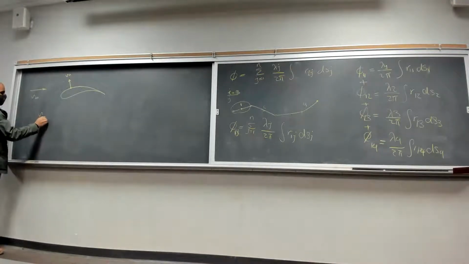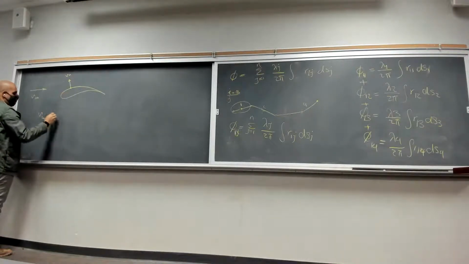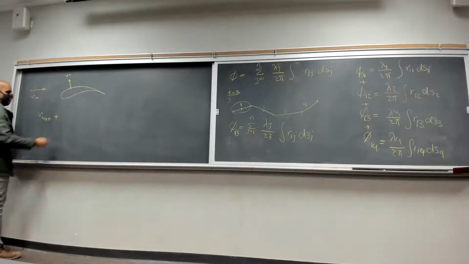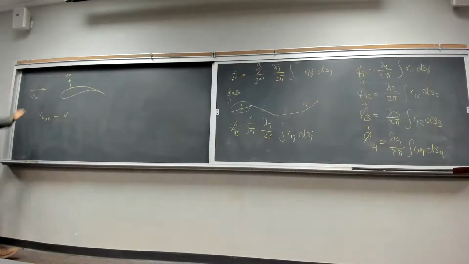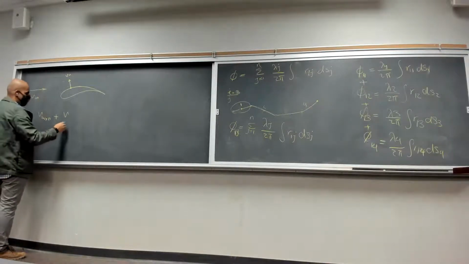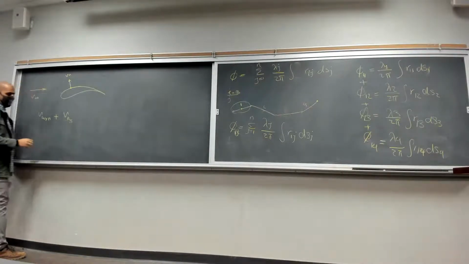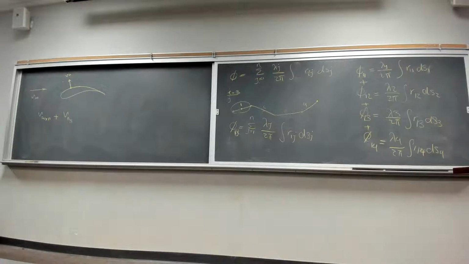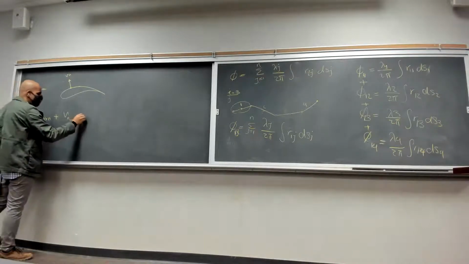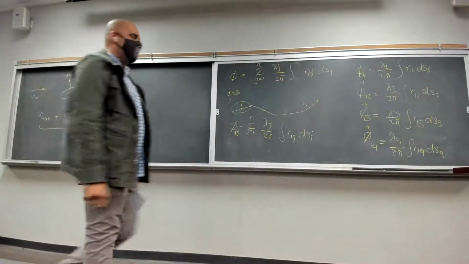Since the total velocity has to be 0, the component of V infinity that is normal to the wall, plus whatever this normal velocity that is coming out of the sources that we are using is, I'm going to call it VNS, normal velocity due to the source panels, has to be equal to 0, because the total normal velocity on a wall has to be 0.